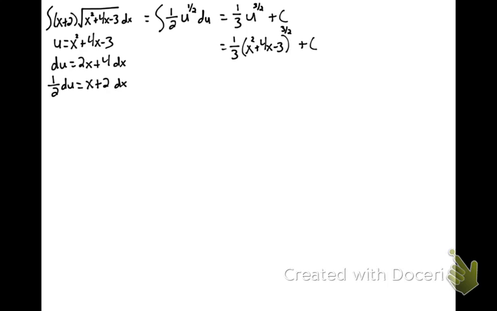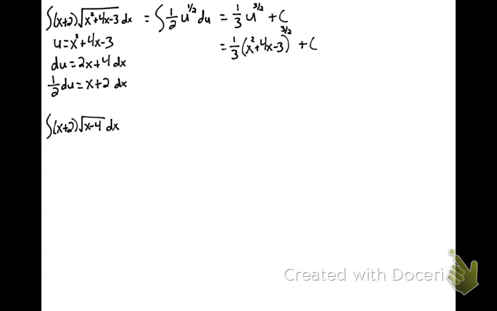Now we get to example number 10, which is the first one that has a trick to it. So x plus 2 times the square root of x minus 4 dx.